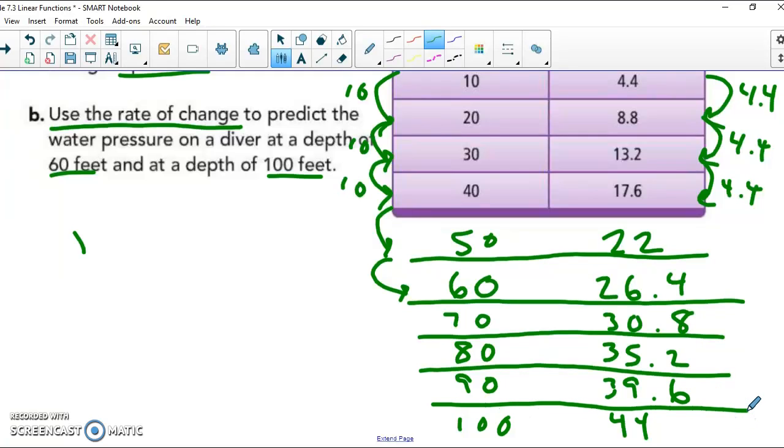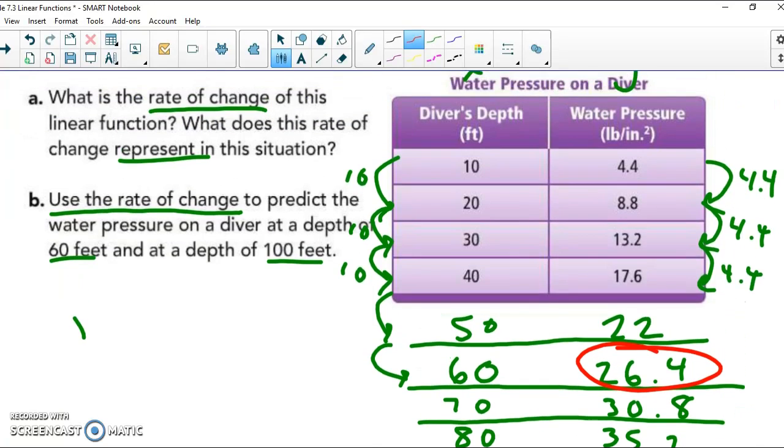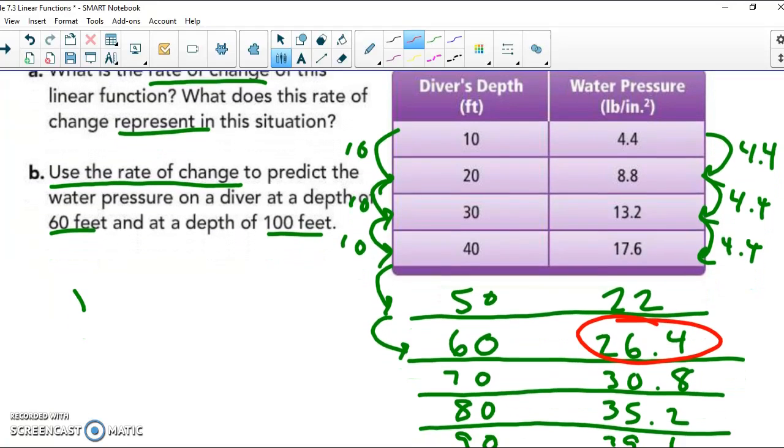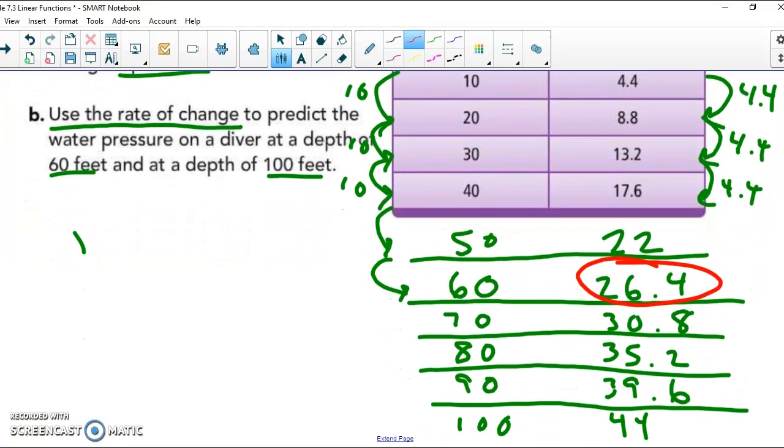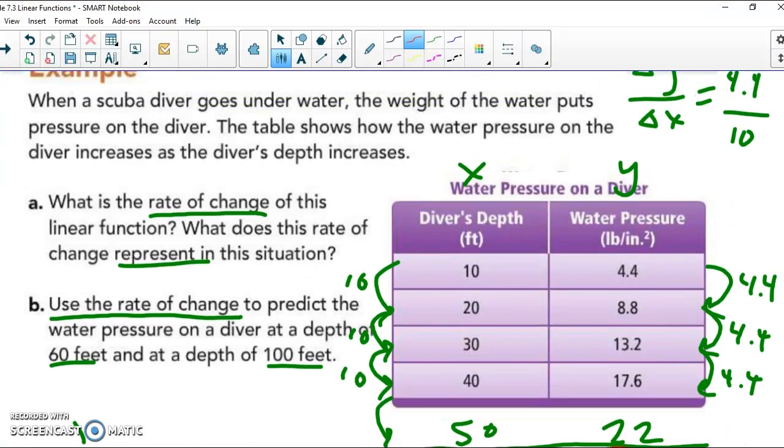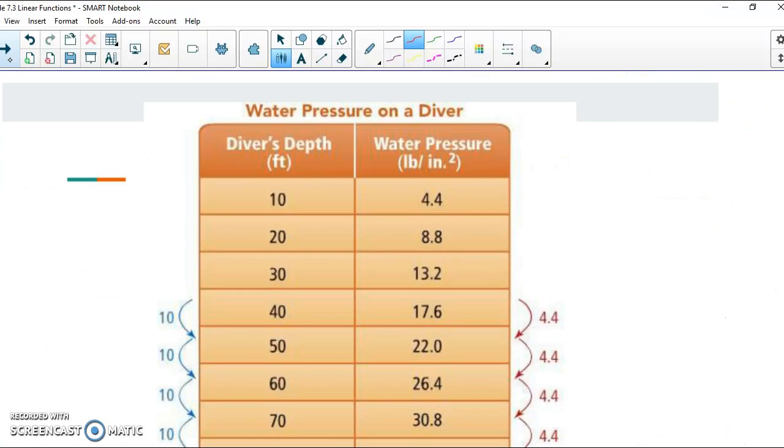So at 60 feet, we would anticipate that diver to experience 26 4/10 pounds per square inch. And at 100 feet, we would expect that diver to experience 44 pounds of water pressure per square inch. So that's how we can use that rate of change in our table to make predictions.